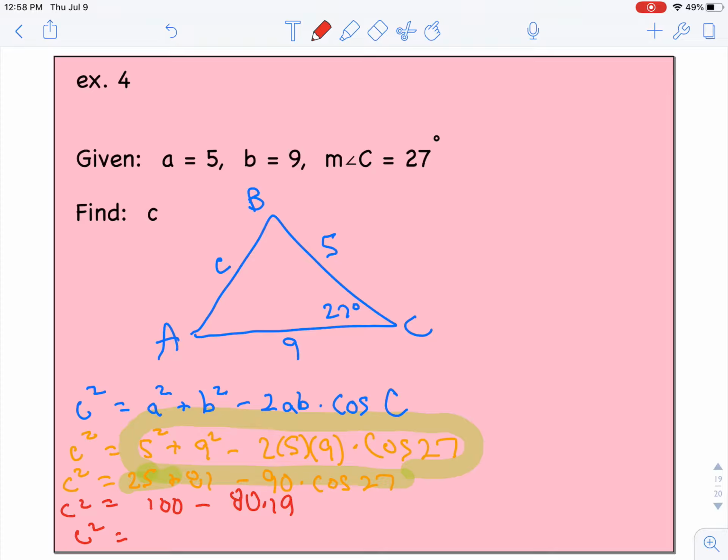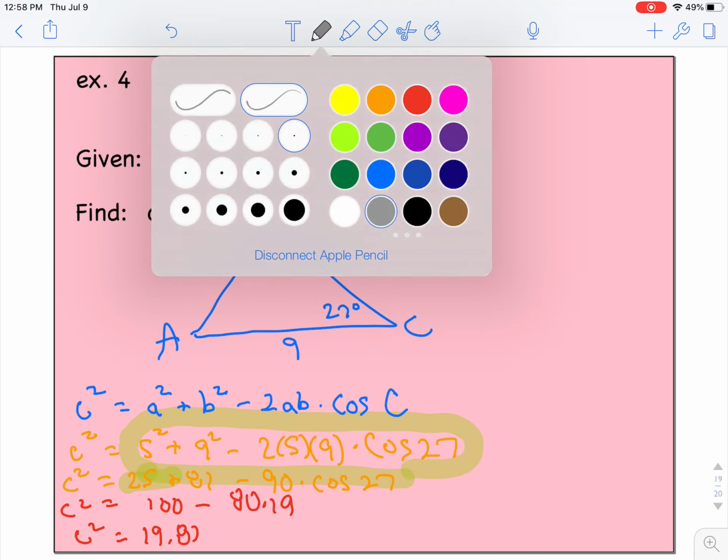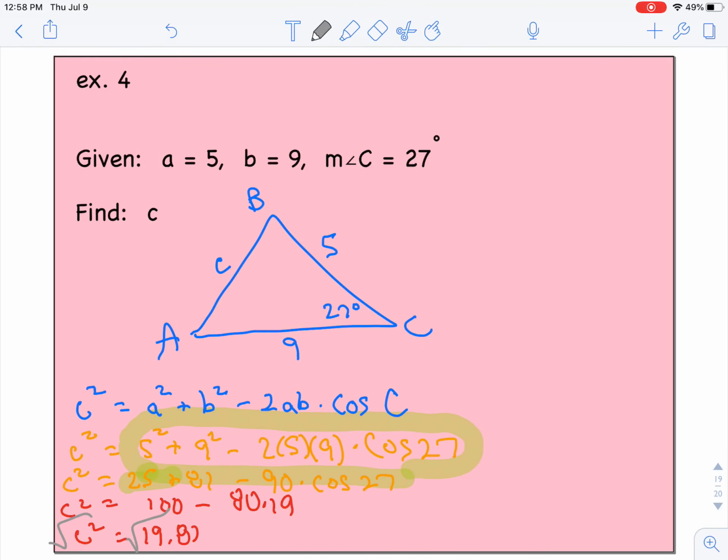So now c squared equals 19.81. So now I can take the square root of each side to get the approximate value of c. I was only supposed to find c here, not solve the whole thing, luckily. And so my value of c is approximately equal to 19.81.